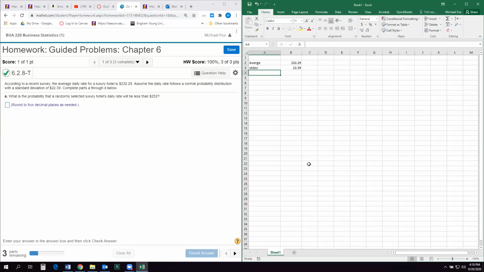And then it's going to be asking us what's the probability of a randomly selected hotel being whatever. So we're going to do X for our variable that they'll be asking us about, and then we'll be trying to solve for the probability, which I'll call P. All right, so the first one is, what's the probability that it is less than 252?